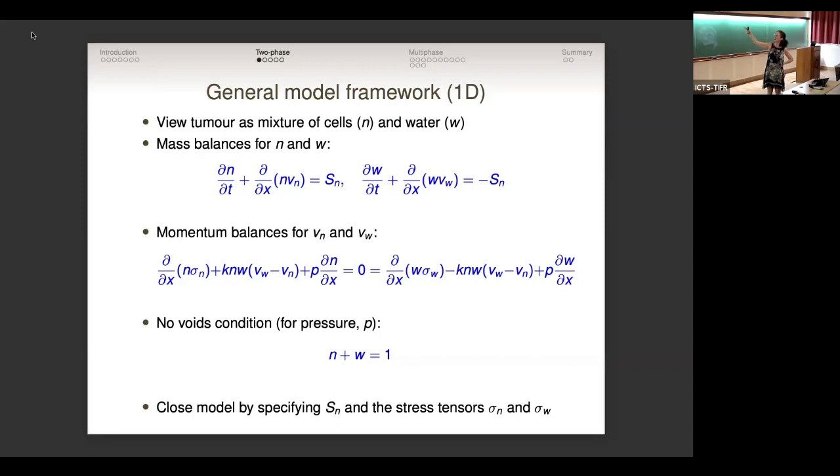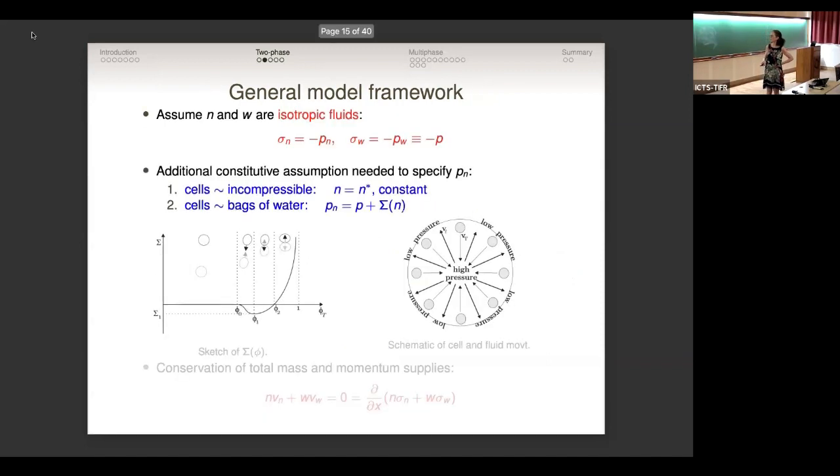And so I get d by dx of nvn plus wvw equals 0. Integrate up. Symmetry, no velocity at the center. And so that's equal to 0. I can add my momentum balances together, and I also get a sort of total momentum balance for the system as a whole. So that's what was at the bottom of this slide here. So conservation of total mass and momentum supplies these two identities. Okay? So I'm going to use those.